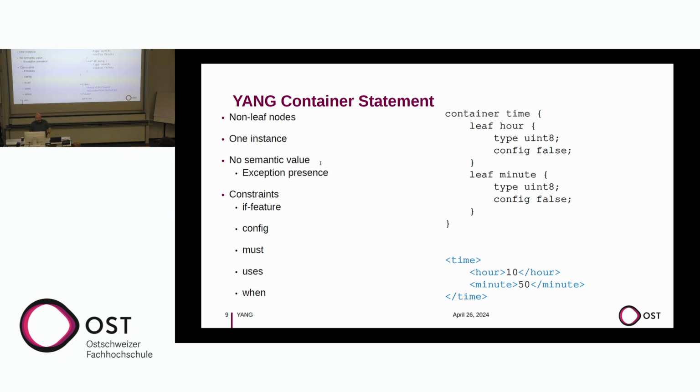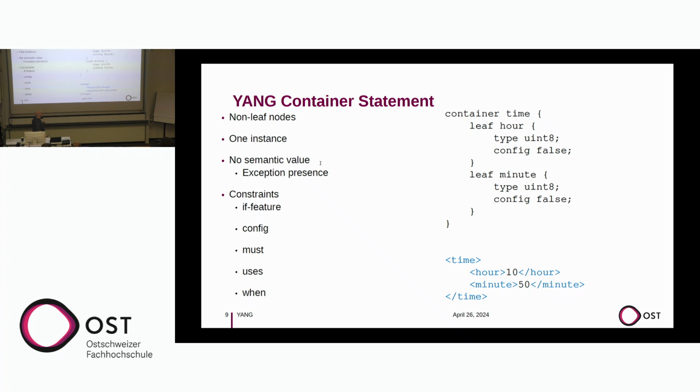A container itself, we have once, so we cannot have, like the interfaces, 2 containers, or in this case, we will not have 2 times this tag. But inside we can have leaves, we can have lists, we can have containers again inside. We can also define new data types only in this container, which would also be possible.